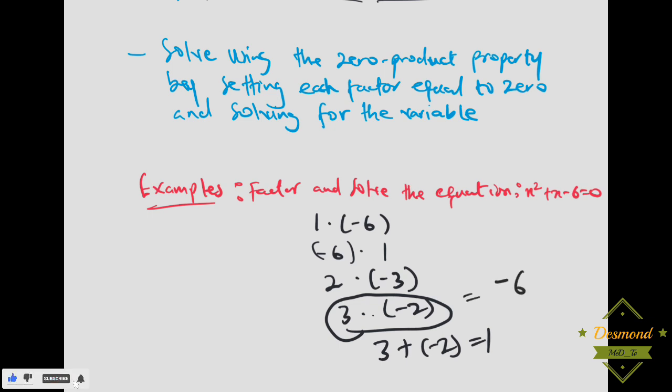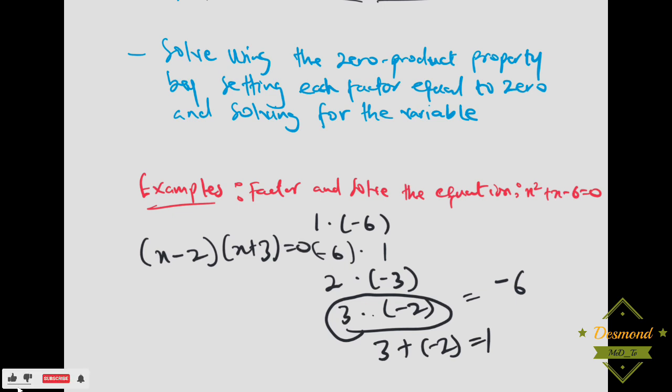So to solve this equation, we use the zero product property. Now that we've gotten the 3 and -2, we are going to use them to write the factors. Note that only one pair of numbers will work, right? So then we write the factors. We are going to have x minus 2, x plus 3 equal to 0, right?